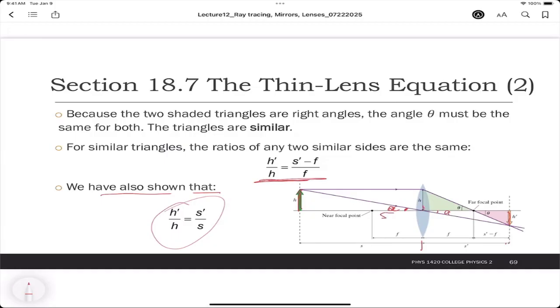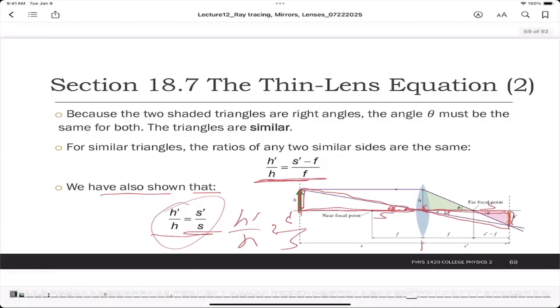This is s from here to here, and from here to here is s dot. Those two triangles are similar, so we have this equation: h dot divided by h equals s dot divided by s. That makes sense to you? We talked about this before.